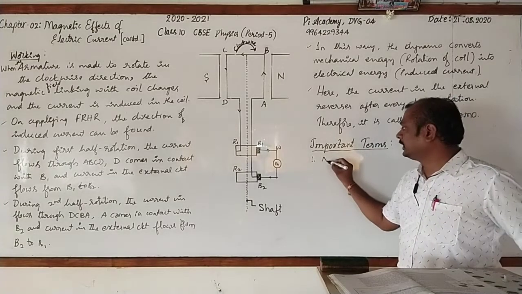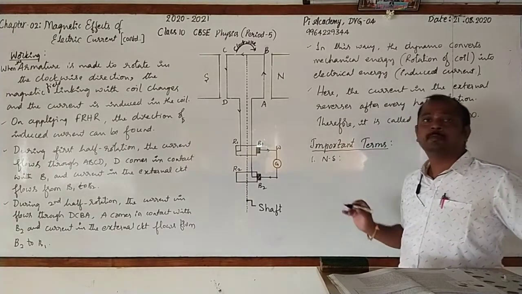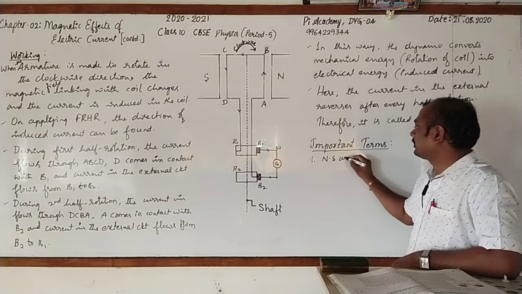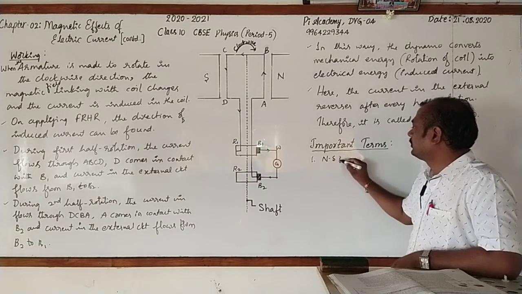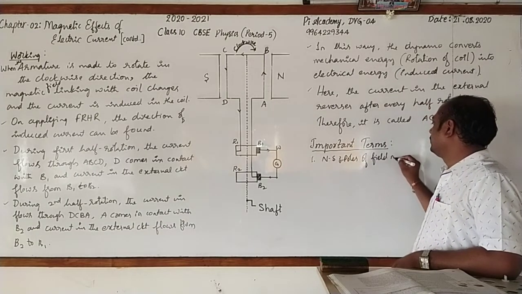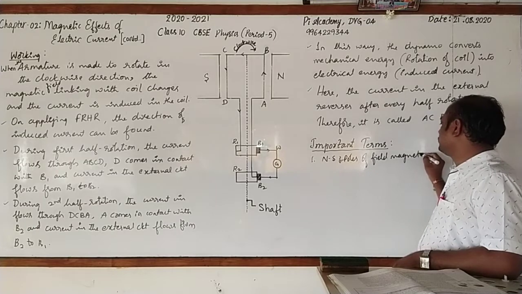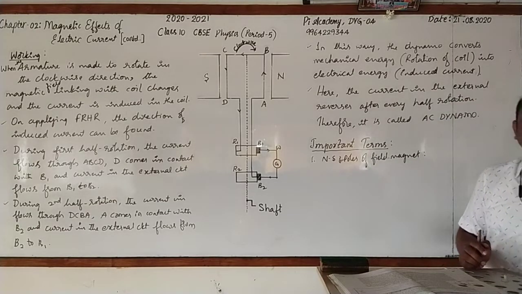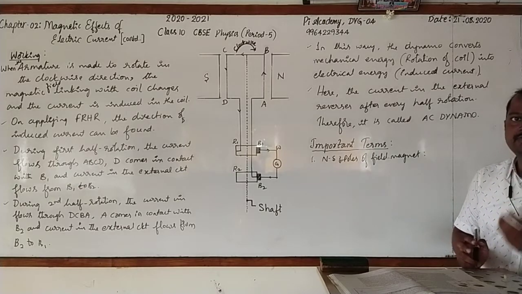Here, we know that N and S are the poles of field magnet. So what is the purpose of using field magnet only? We know that field magnet has more strength.